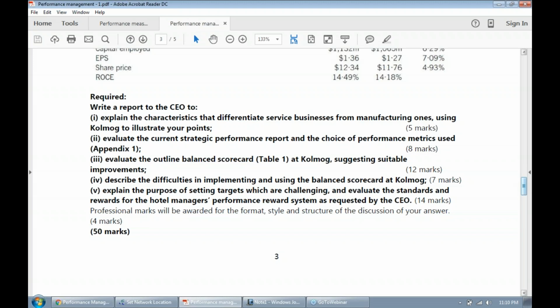Now it says evaluate the current strategic performance report and the choice of the performance metrics used in appendix number 1. Now it's very important to understand the requirement. Requirement says evaluate the... let me just a second.